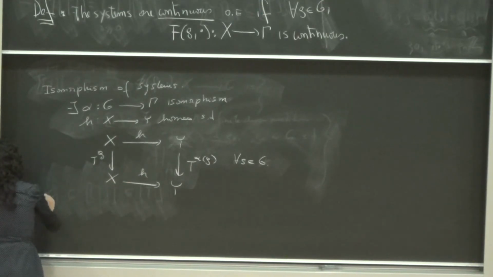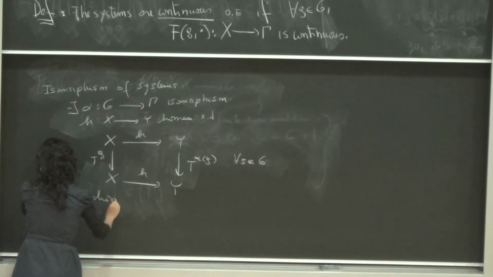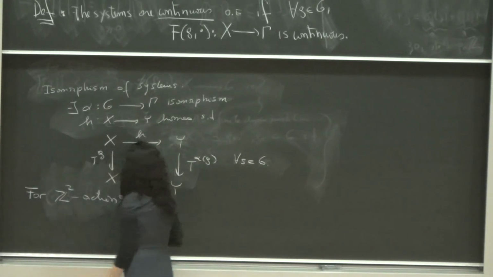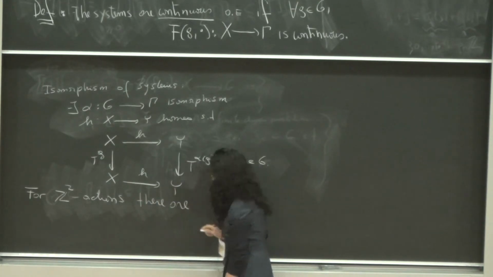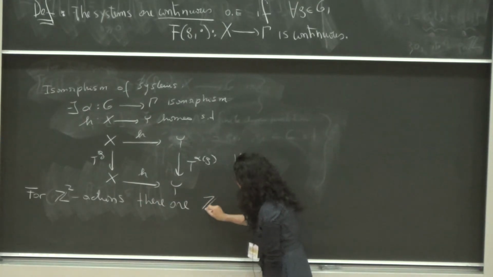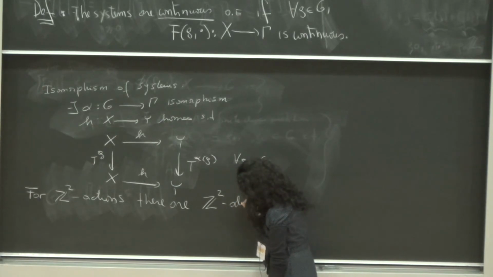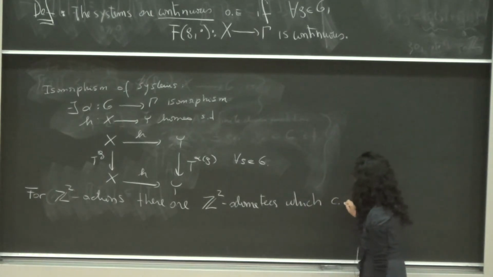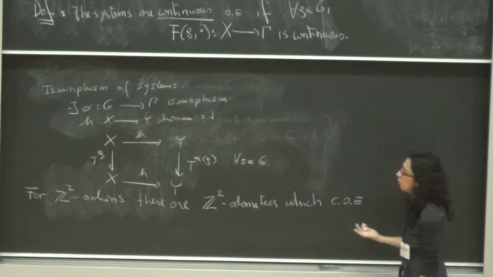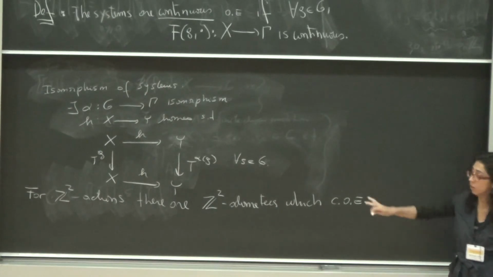For Z2 actions, there are odometers, there are Z2 odometers which are continuous orbit equivalent, but they are not isomorphic.